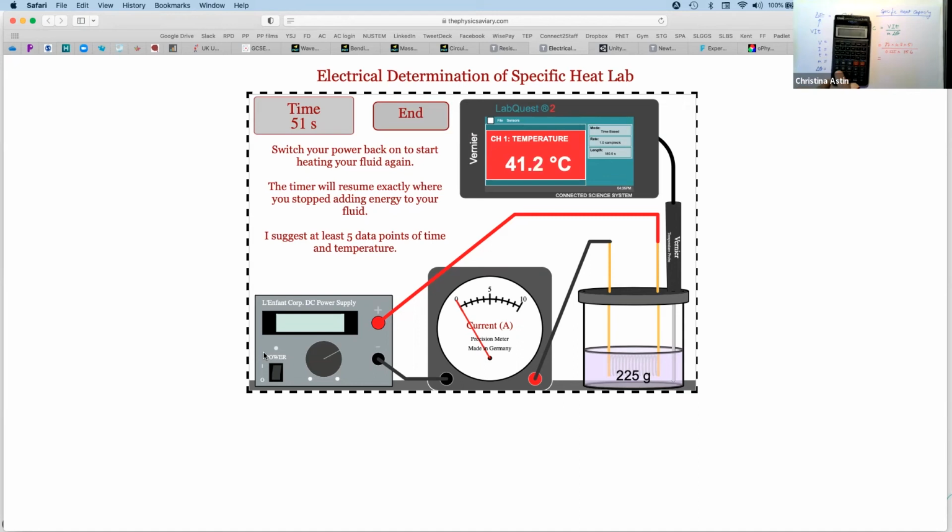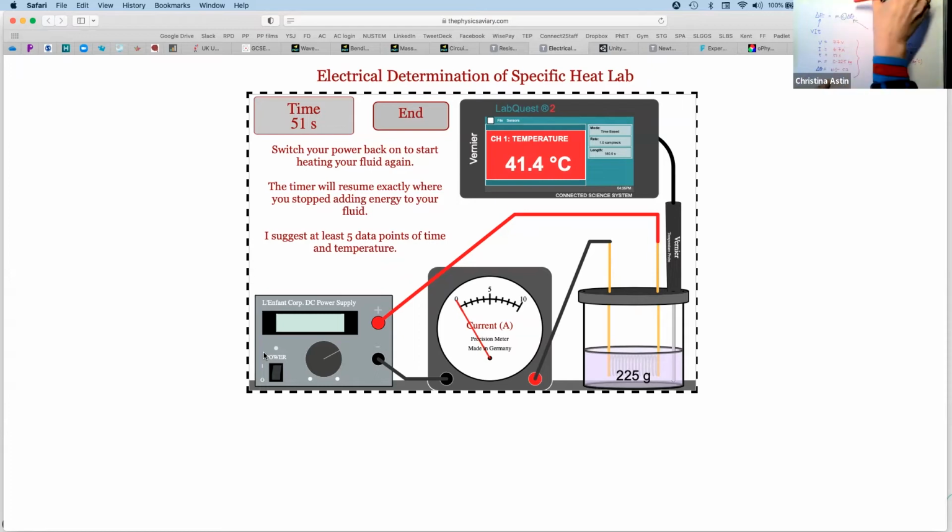Let's see what we get. 77 times 4.7 times 51 divided by brackets 0.225 times 35.6, close brackets. How often do our students not do that? 2,304-ish. And that's joules per kilogram degree C.